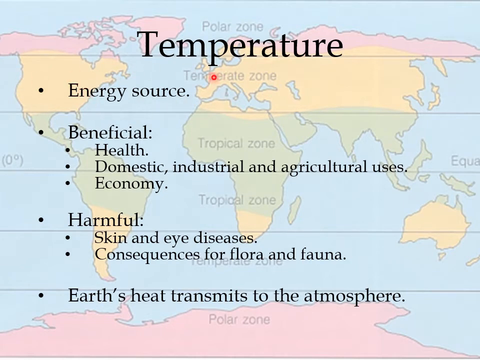It's an energy source. It's the main energy source of all the atmosphere. Remember that because of the sun, we can have wind. The wind is moved by the energy of the sun. We will talk about that later. We have the atmospheric pressure.